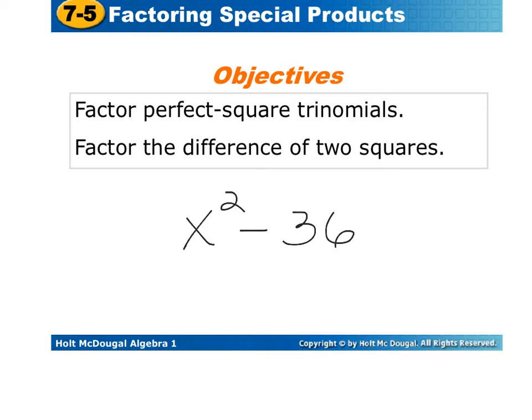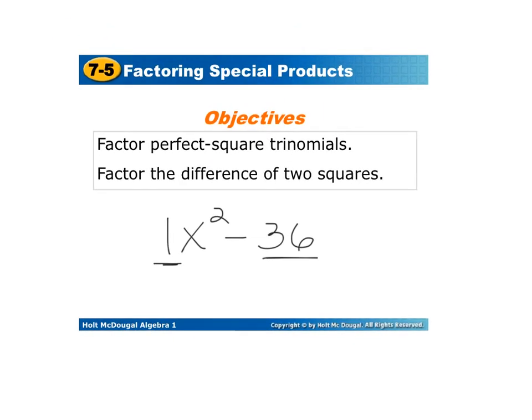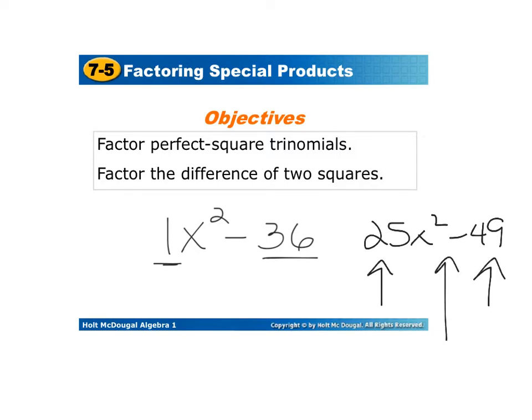This is called the difference of two squares because this one's a perfect square, 1 and 36. Or even if you had 25 and 49. Notice that this is a perfect square, this is a perfect square, and the sign in between them is a subtraction, and that's where the word difference comes from.